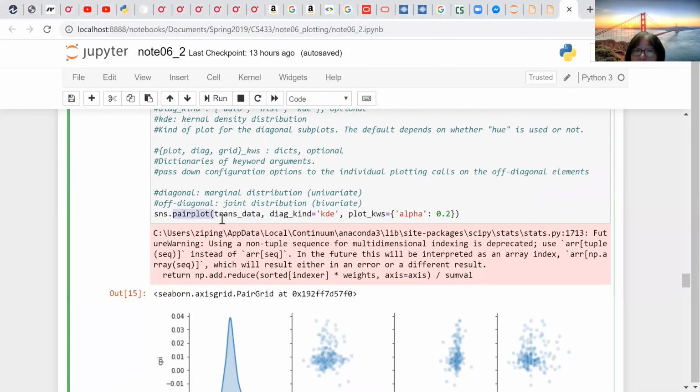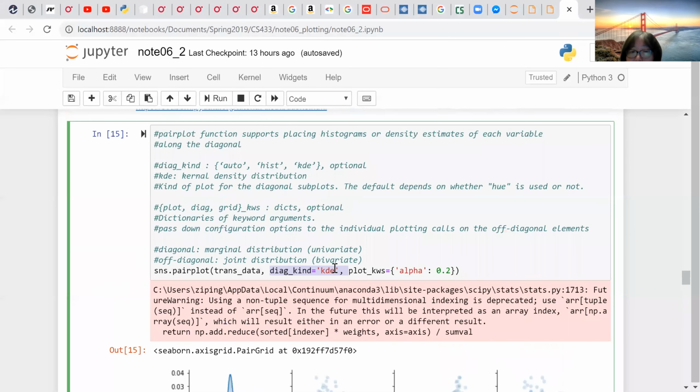So if you have a number of features and you want to take a look at the relationships among them to get some sense, because later on when we do analysis this is going to serve some purpose, then you can pick this pair plotting, okay? And you can specify what you want for the diagonal ones.